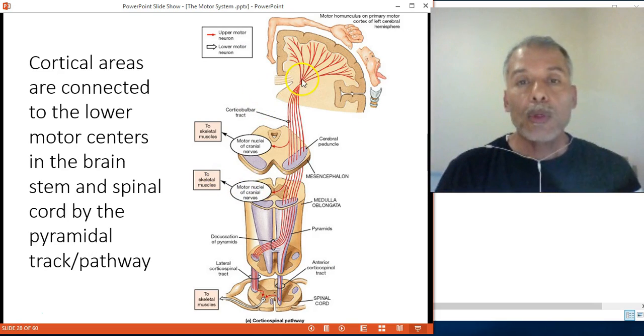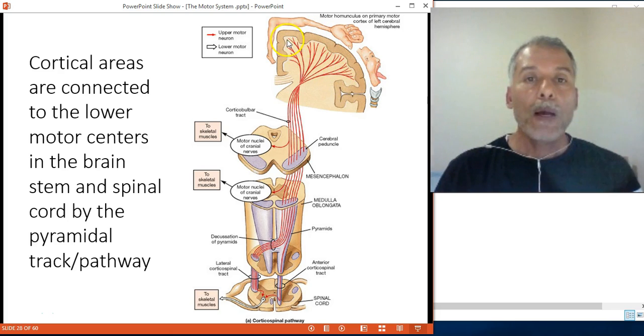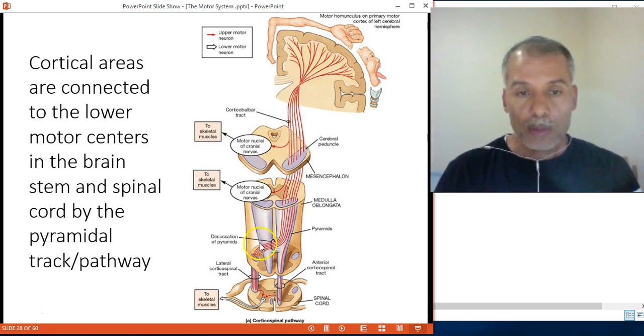So now we look, here is the motor homunculus again, or a view of the motor cortex, and you could see now how the fibers make bundles and they go down to make the motor pathways. So now we have the upper motor neurons coming down to make the corticobulbar tract that goes from the cortex to the brainstem.